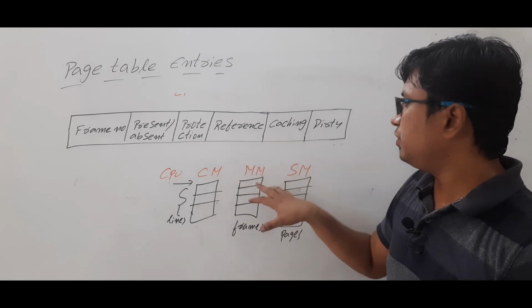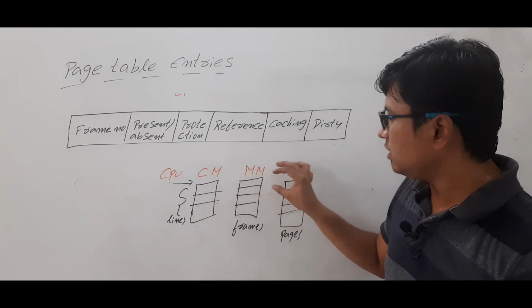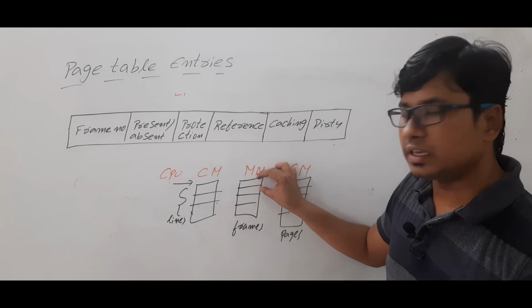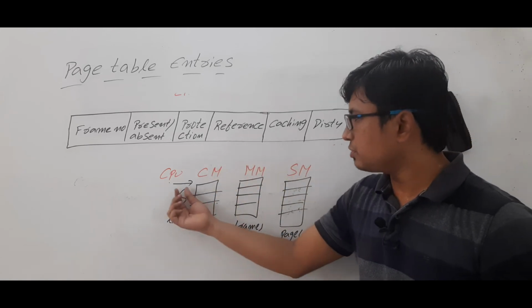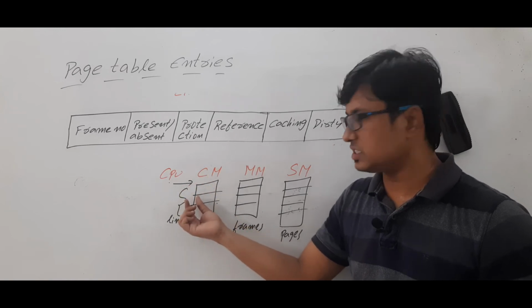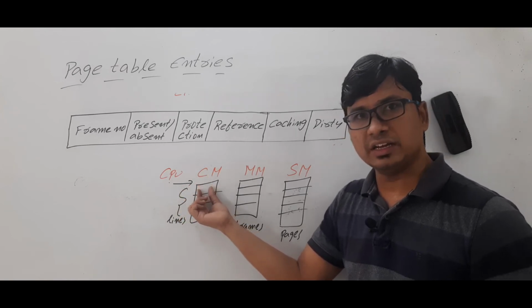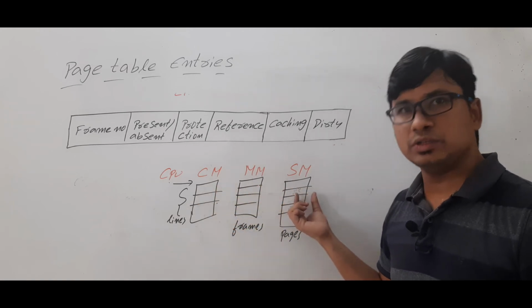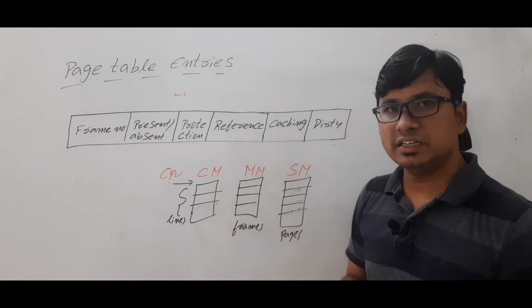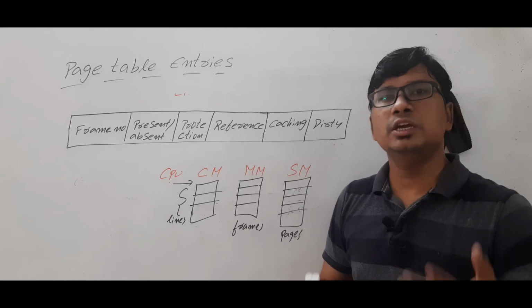Now if we keep any page of the secondary memory into the main memory, then suppose there was a data modification in the cache memory. If the data is modified in the cache memory, then here also it should be updated. Let's take that a user keeps on typing.